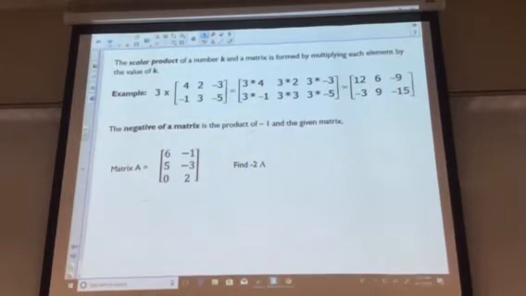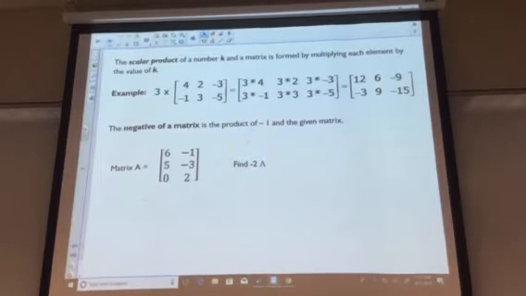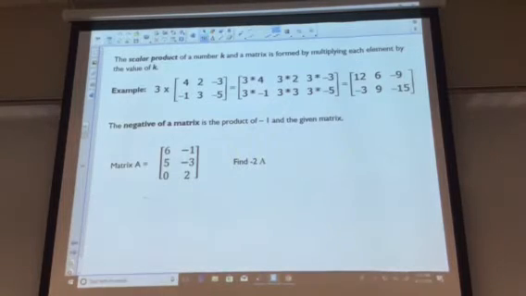So if that's the case, how difficult would it be to do -2 times a? Well, that would look by hand like this.